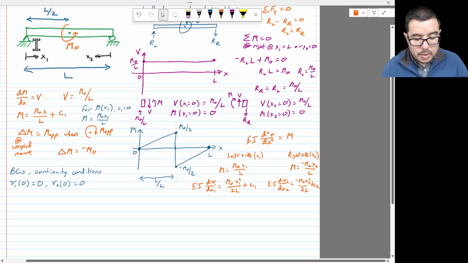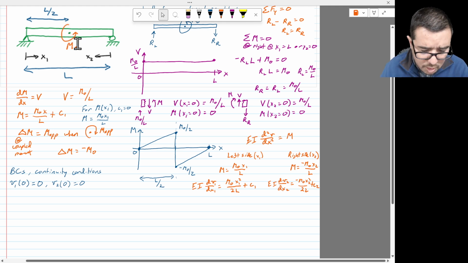There is, though, a condition that we could consider using, and that has to do with the slopes. There could be some slope at this location, where I have x1 equals L over 2 and x2 equals L over 2.